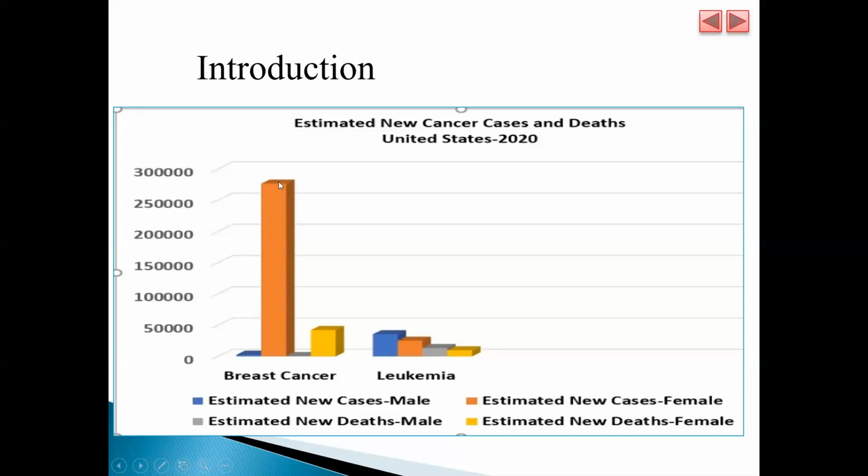Leukemia is also relatively high, and these two cancers are very common these days. So we are trying to find the drug: suppose a new drug is found, we want to know exactly to which particular cancer it is beneficial.